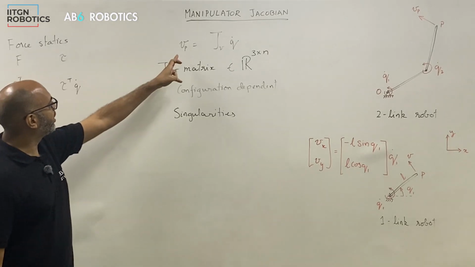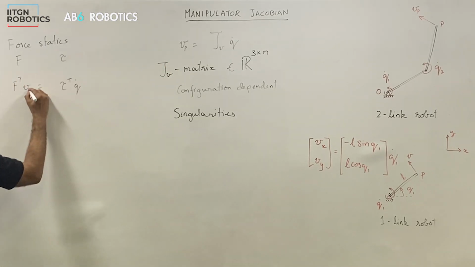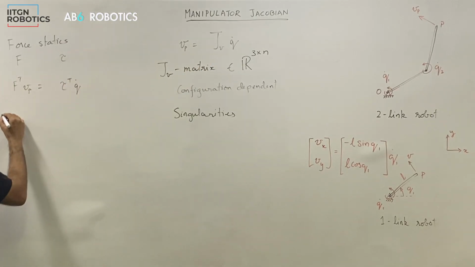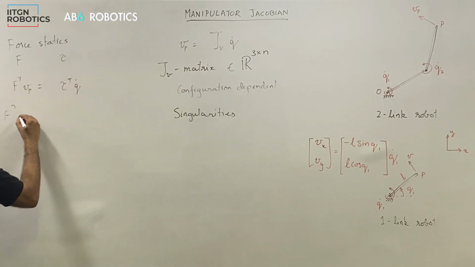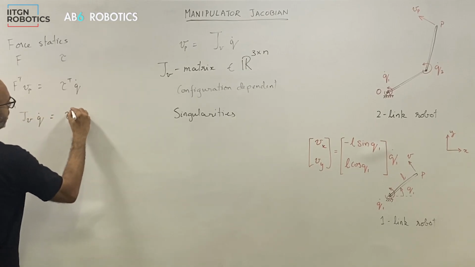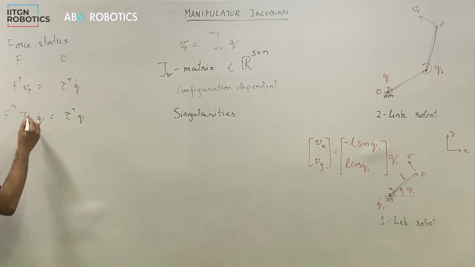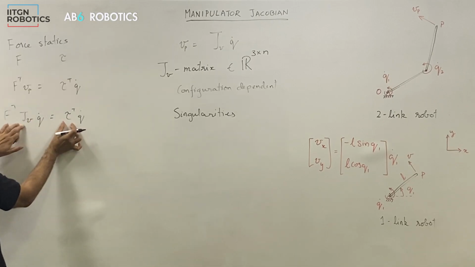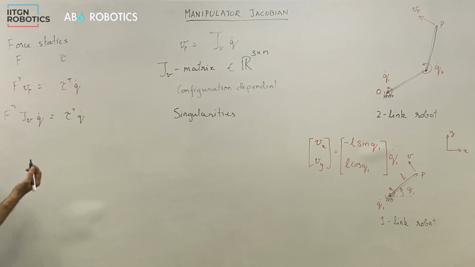And you can see right away that this would be Vp. I can use this relationship here and substitute that here, and I would get F transpose JV q dot is equal to tau transpose q dot. So I'm just equating these two, and then I will transpose them for convenience.